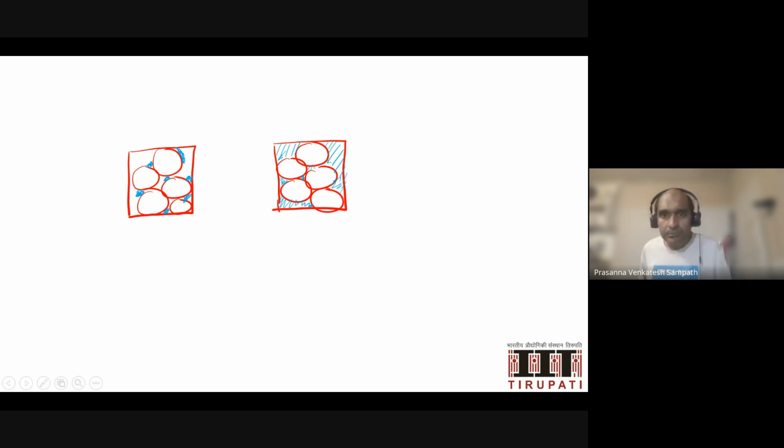Okay, what happens is, if you go back to your fluid mechanics and think about what you have learned already in BTech, you will remember that when it comes to surface tension, there are two types of forces. One is what is called the cohesive force, and the other is the adhesive force.